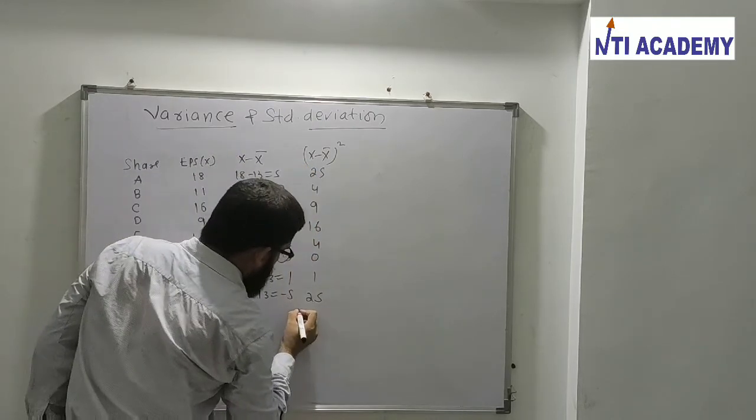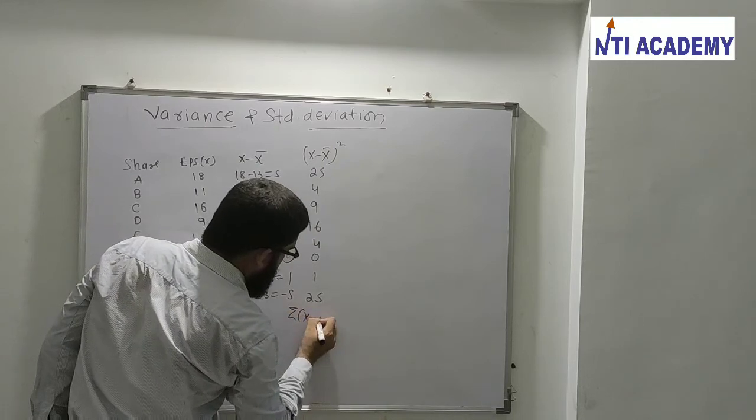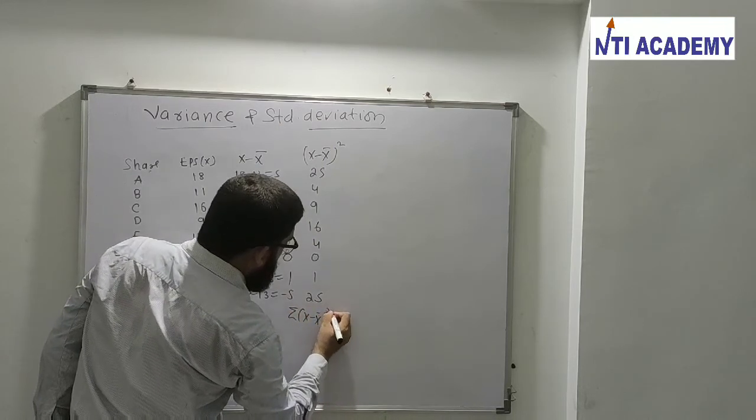So you have to take the summation of the x minus x bar the whole square.